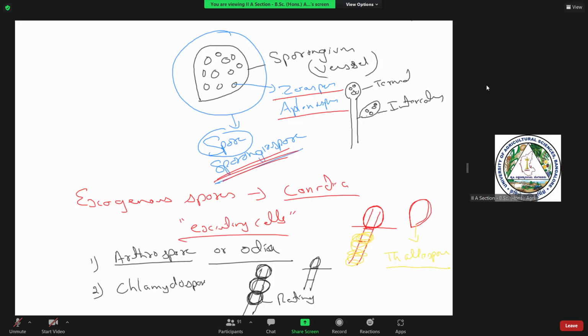So this is what I can say about the different modifications and types of spores that are produced by the fungi. So there are types of asexual spores based on the shape.